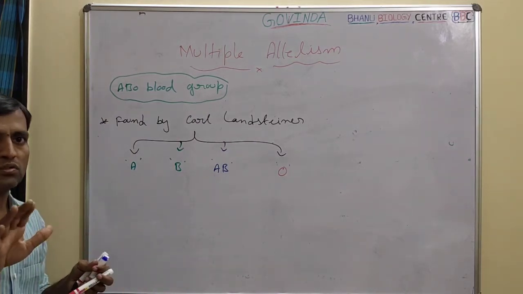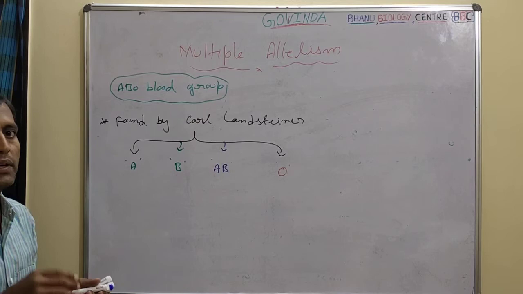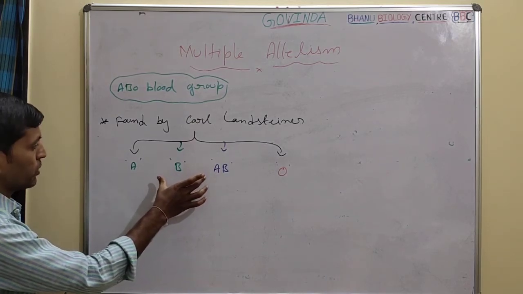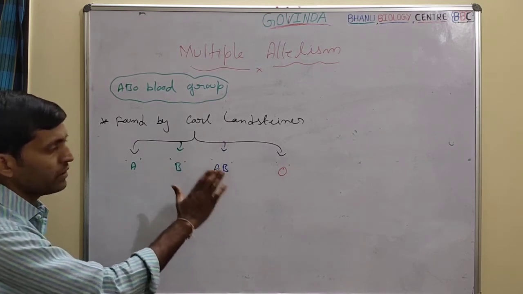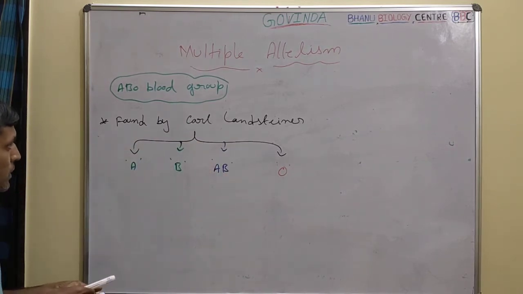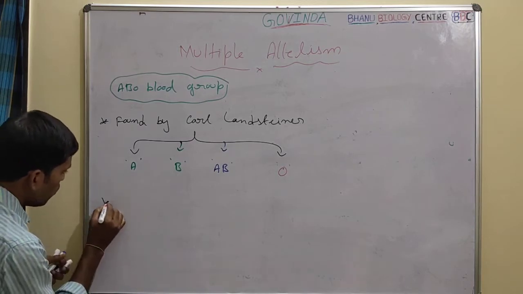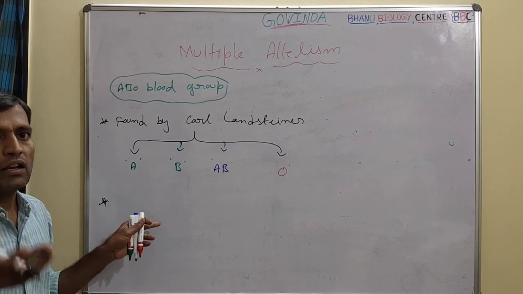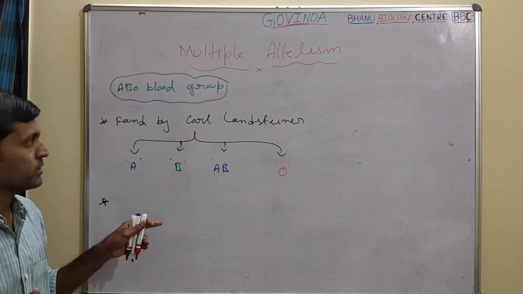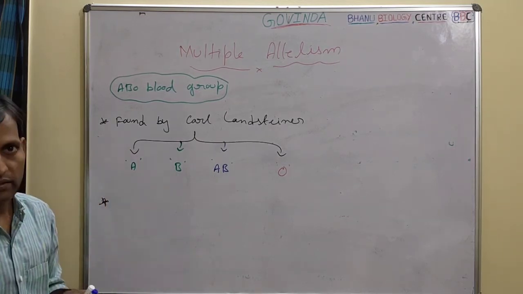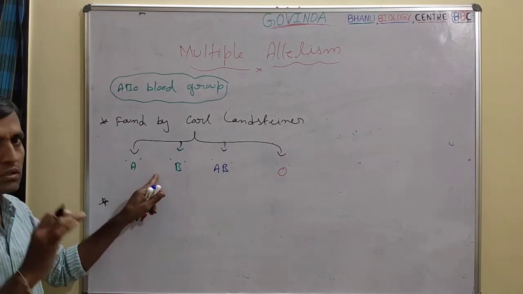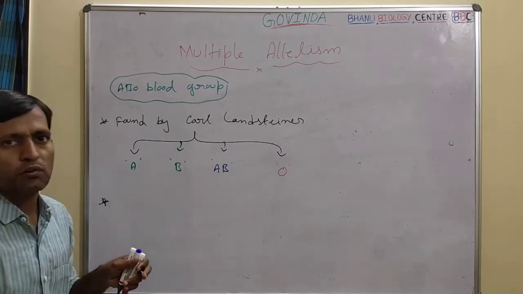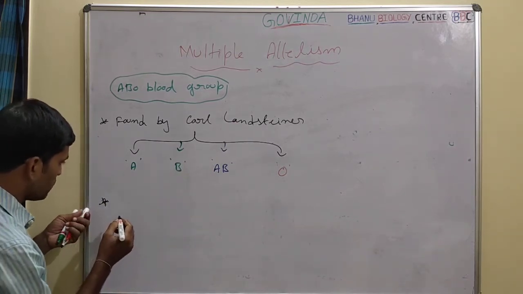Based on the presence of antigens on the red blood cells, human beings are divided into 4 types: A, B, AB and O. Three alleles influence the same character.